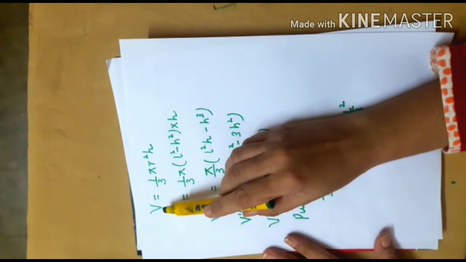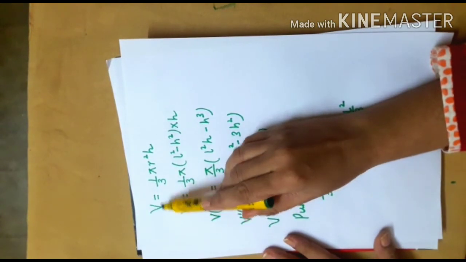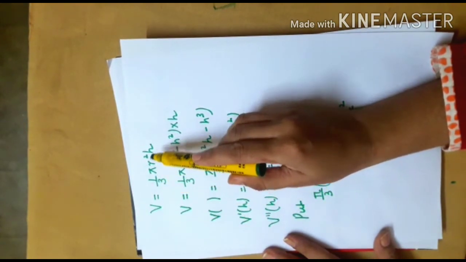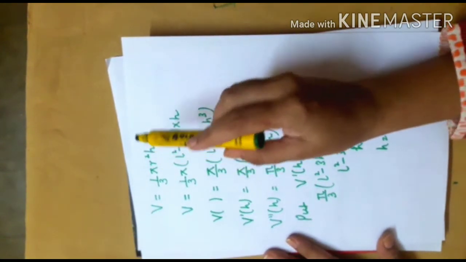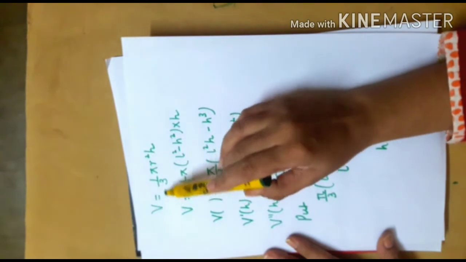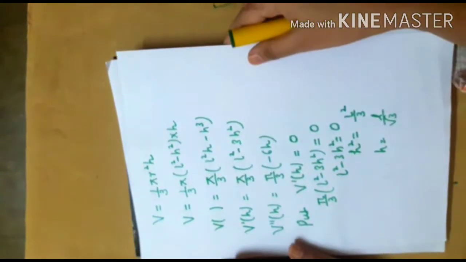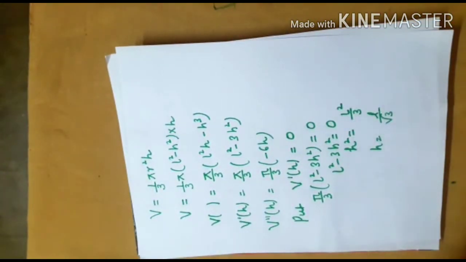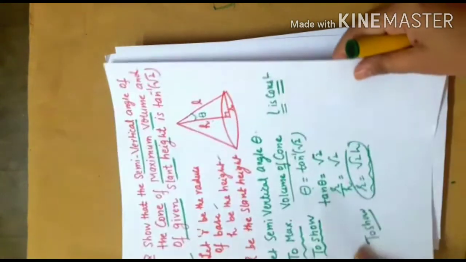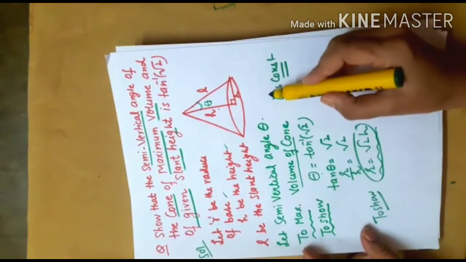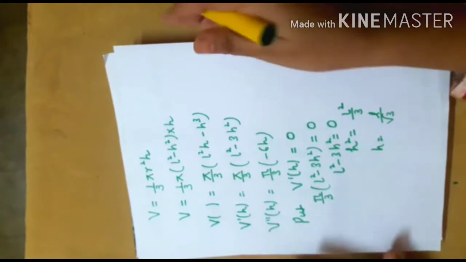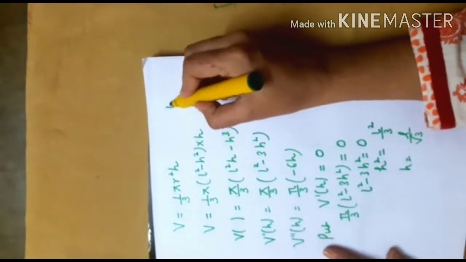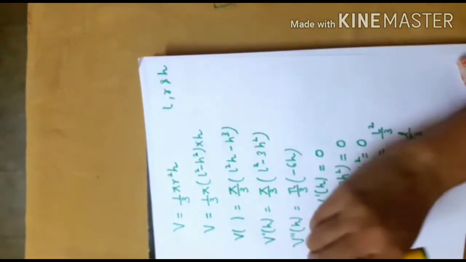Now we are to maximize the volume of the cone, and the volume is 1 by 3 pi r square h. There are two variables, r and h, so I have to obtain this expression in a single variable. We always make use of the given fixed quantity, and here the fixed quantity is L, the slant height. So I have to find a relation between L, r and h.